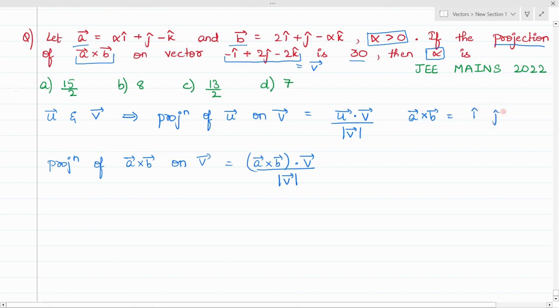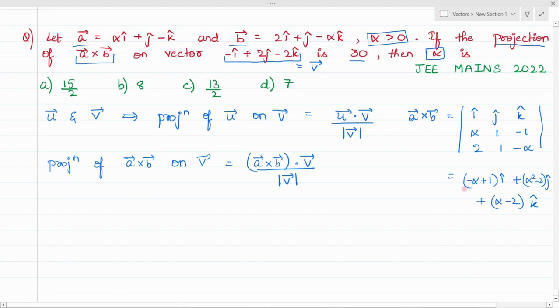We'll get it as i, j, k. A cross B, that is alpha, 1, minus 1, 2, 1, minus alpha. It becomes minus alpha plus 1 i cap plus alpha square minus 2 j cap plus alpha minus 2 k cap.